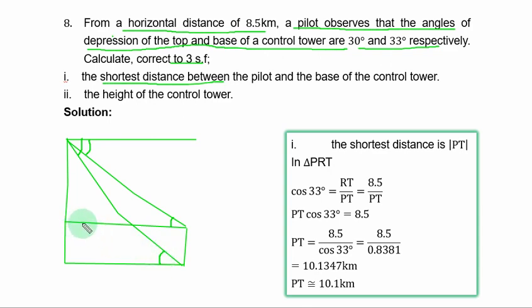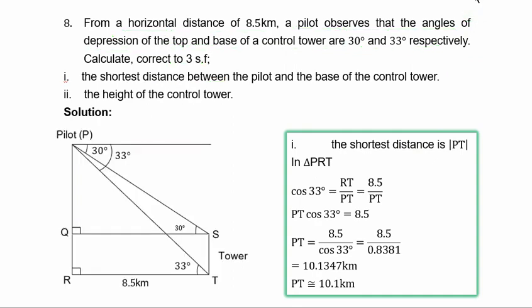The horizontal distance is 8.5 kilometers. The shortest distance between the pilot and the base of the control tower is from where the pilot is to the base of the control tower. So let's have the complete diagram with proper labeling to enable us continue with the solution.